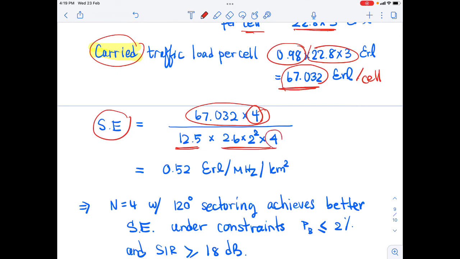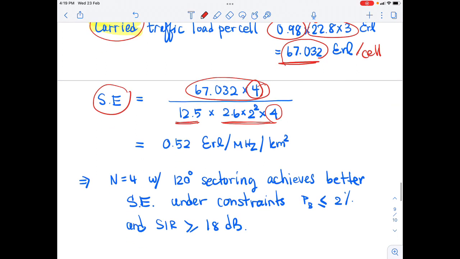So instead of multiplying by 7, it's being multiplied by 4 because one cluster has 4 cells. After we compute this, spectral efficiency is at the highest compared to the previous 2 scenarios. This one is 0.52 Erlang per megahertz per kilometer square, and it satisfies all the requirements.